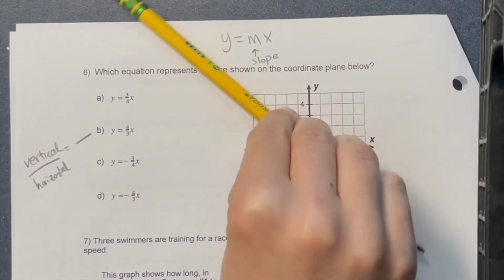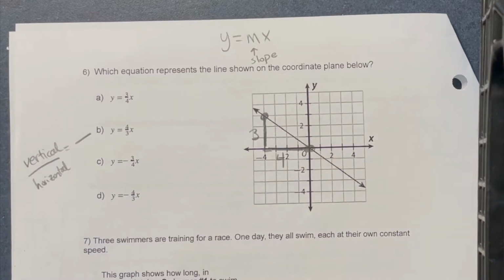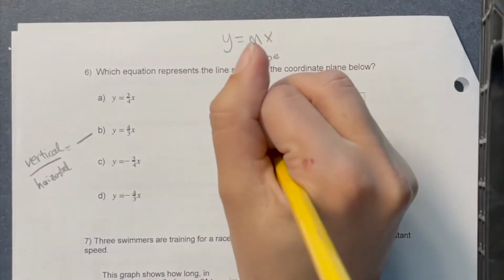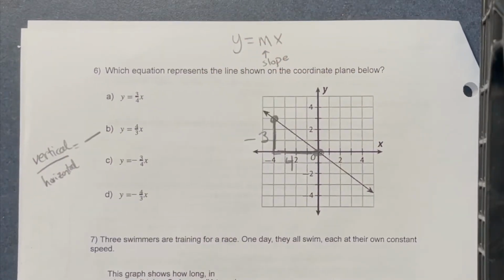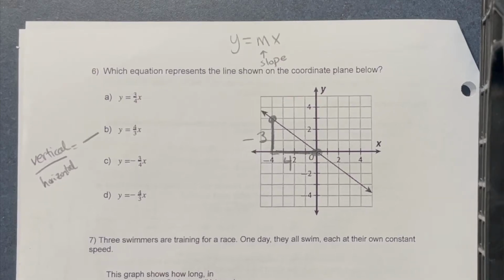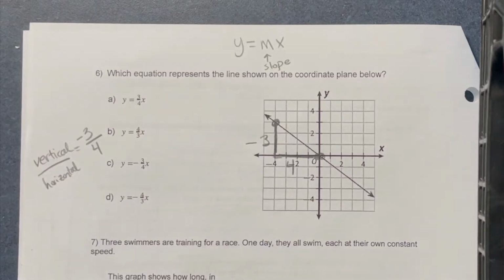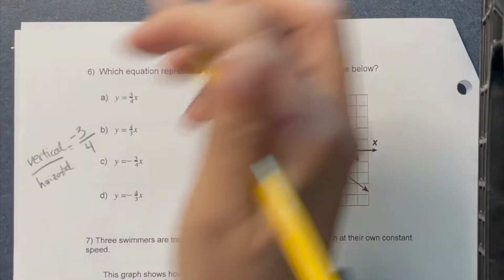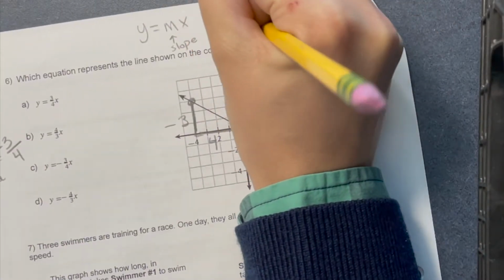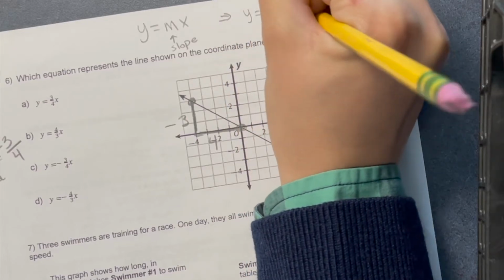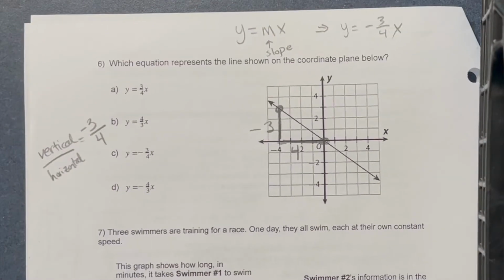Looking at this line, I see it's going down as I read it from left to right. So this 3 here, I'm going to consider it a negative 3. I'm going down. Okay, so then my slope is negative 3/4. So the equation of the line should be y equals negative 3/4 times x.